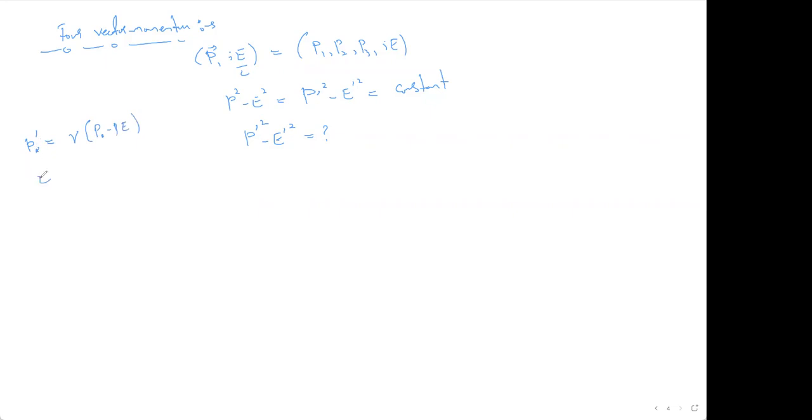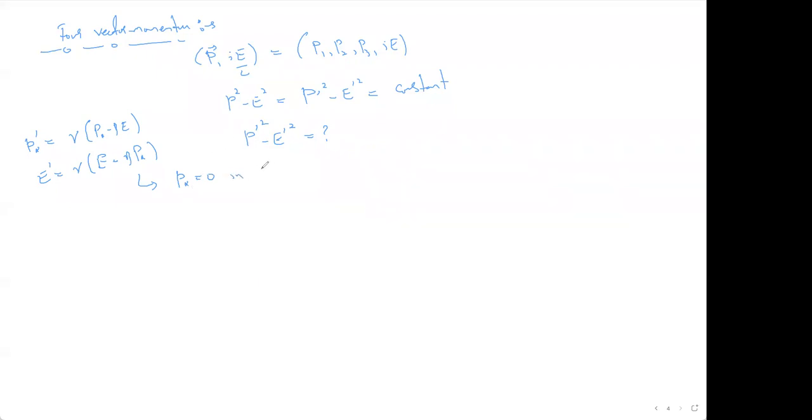And E dash is gamma E minus beta Px, ठीक है। Now remember here in this case I will see that Px is equal to 0. Why?